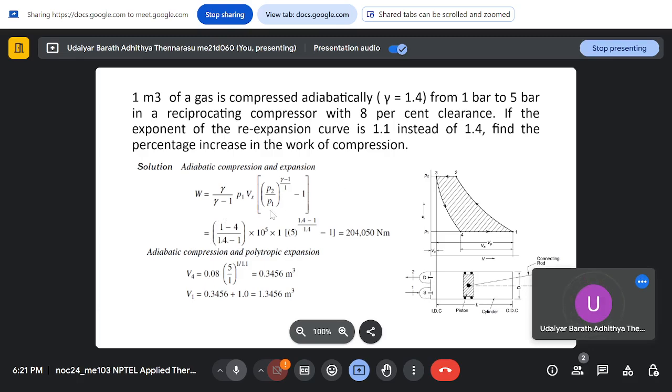Then your adiabatic compression is now followed by re-expansion, which is happening at 1.1.